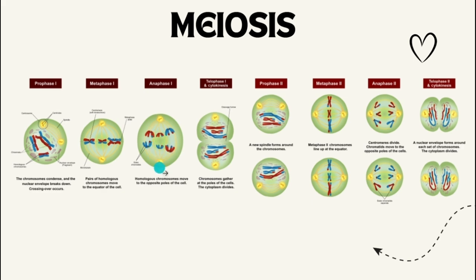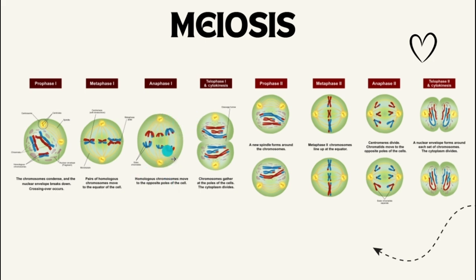Before that, the homologous pair, which we could also call a tetrad, is basically 4 chromatids, 2 chromosomes. When they're pulled apart, we have one chromosome on each side. You can see the genetic variation, what happened because of crossing over: we have different colors.